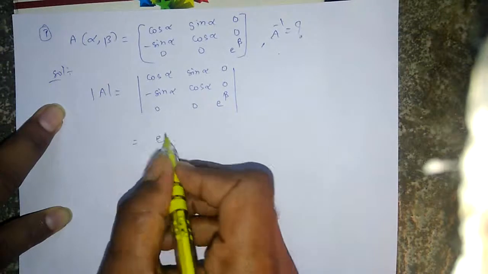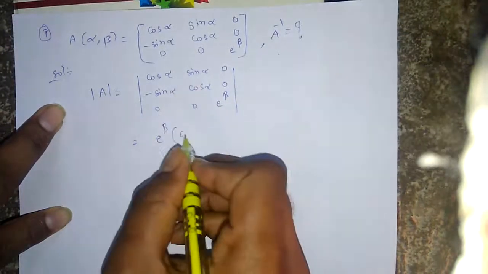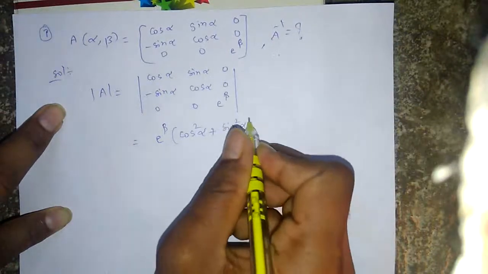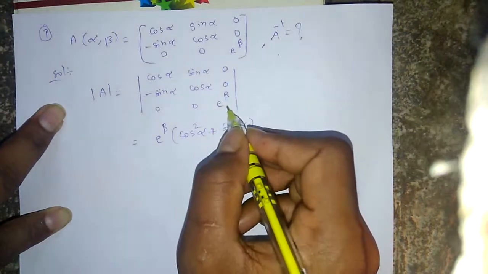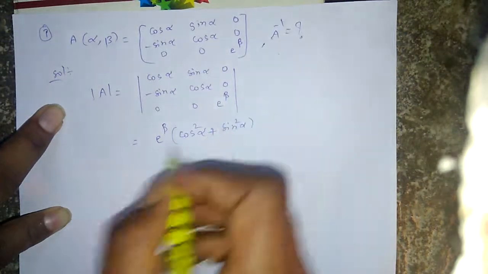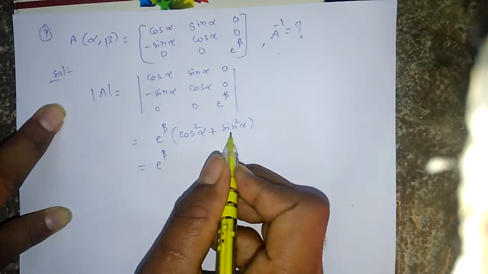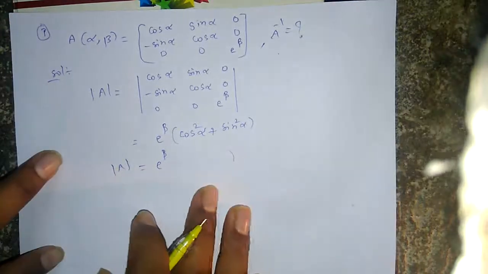Directly e power beta into AD minus BC, that is cos square alpha plus sin square alpha. Cos square plus sin square is a trigonometric identity, its value is 1, therefore det A is equal to e power beta.